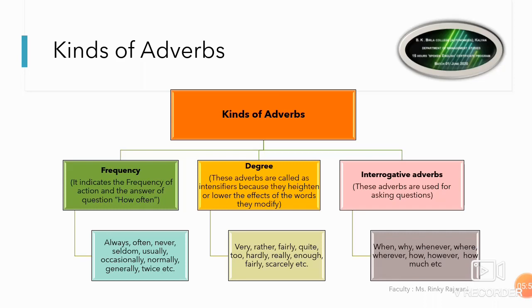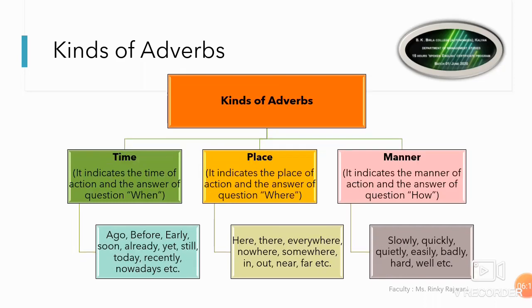Let's move to the next one, the third category of kinds of adverbs, and that is interrogative adverbs. As the word itself indicates, interrogative. These adverbs are used for asking questions. Now, what kind of questions? You know what kind of basic questions you ask. Like your parents keep on asking you every now and then: Where had you been?